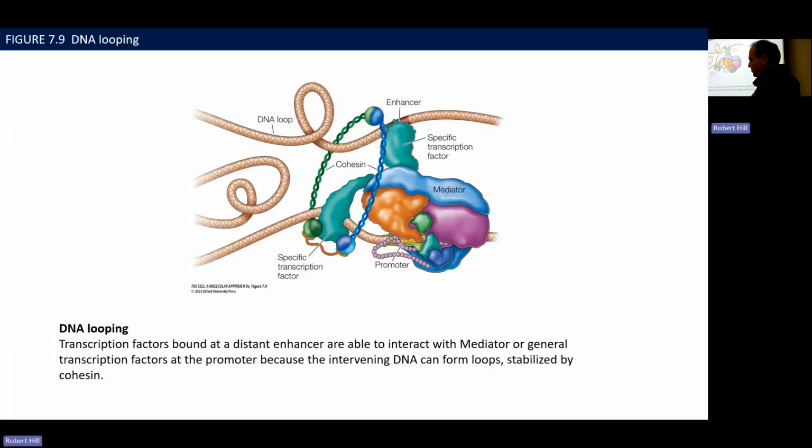And the cohesin is recruited to the DNA by these other DNA binding proteins. Here you can see the looping. The specific transcription factor is interacting with mediator protein, and this is a good signal for RNA polymerase to get released. And it more efficiently regulates transcription, so you get a higher level of it.